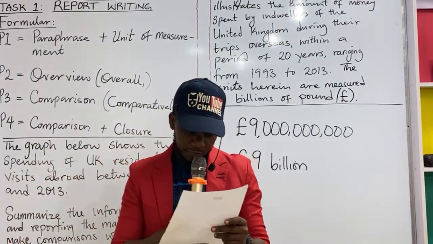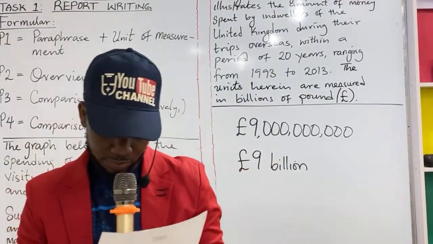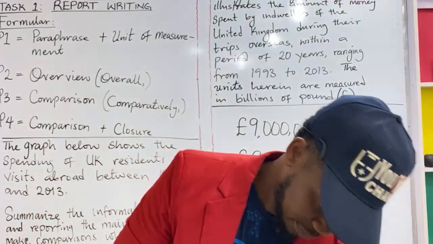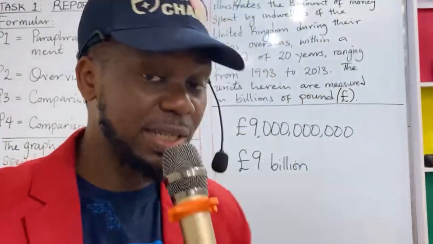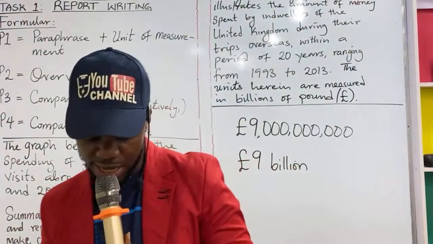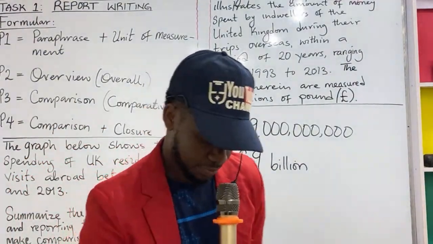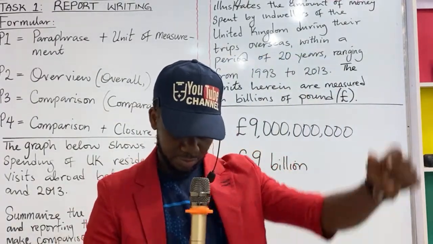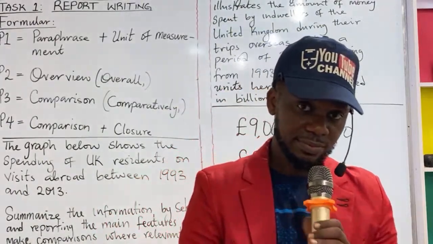While visit friends or relatives and business had about £3 billion and £4 billion each. Full stop. Taken? Yes.